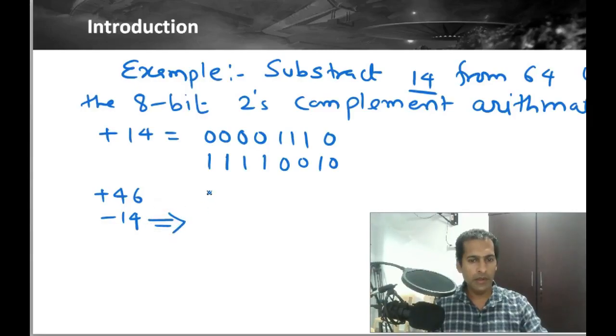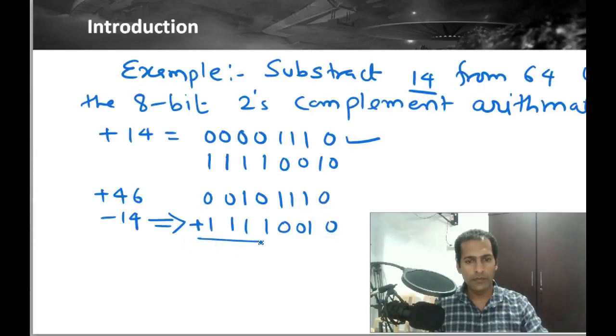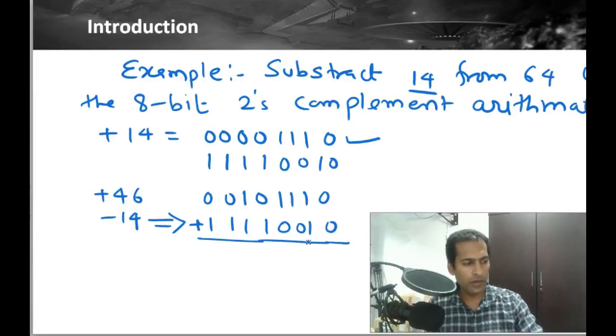Okay, now let us check plus 46 minus 14. So here we can write it as 0 0 1 0 1 1 1 0, then plus 1 1 1 1 0 0 1 0. So then we can solve this.